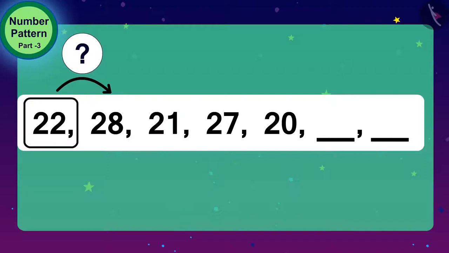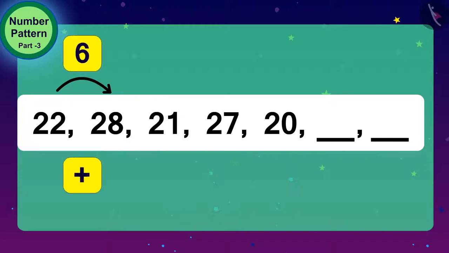Exactly, by adding 6. And what do we have to do to get 21 from 28? Yes, we have to subtract 7 from 28.